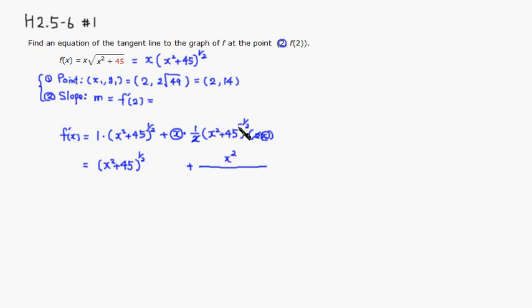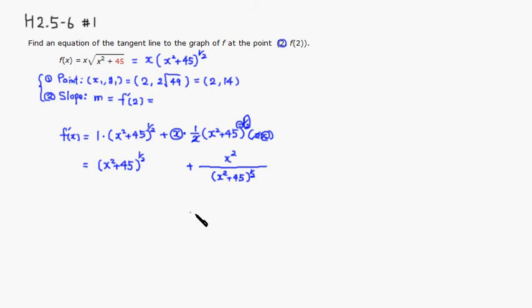Because of the negative sign on the power, quantity x squared plus 45 will be in the denominator, and we still have the 1/2 power.